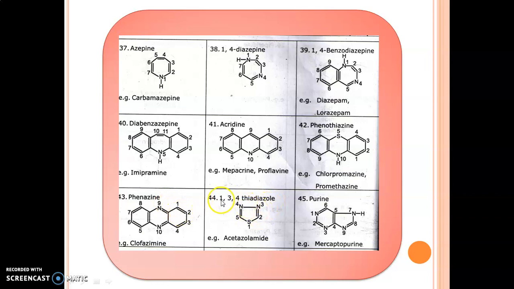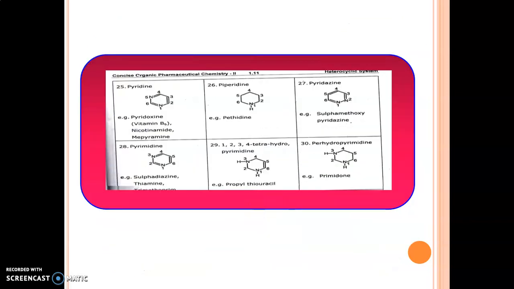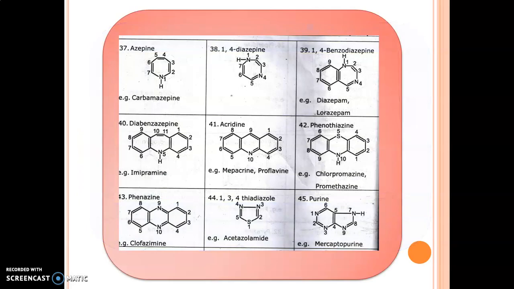Next is 1,3,4-thiadiazole ring. In this, there is a 5-membered ring containing 2 nitrogens and 1 sulfur. Sulfur has number 1 and nitrogens have the subsequent numbers. Next ring is purine ring.